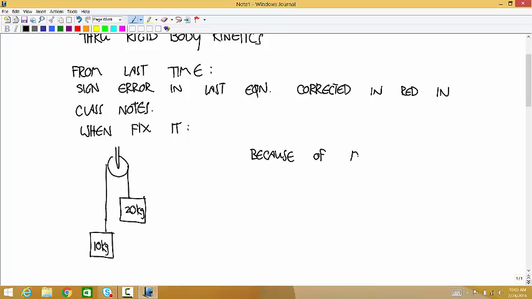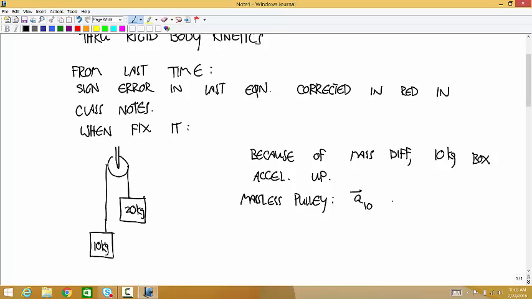Because of the mass difference, the 10 kilogram box is going to accelerate up. If you have a massless pulley, the acceleration of the 10 was positive 3.27 meters per second squared.